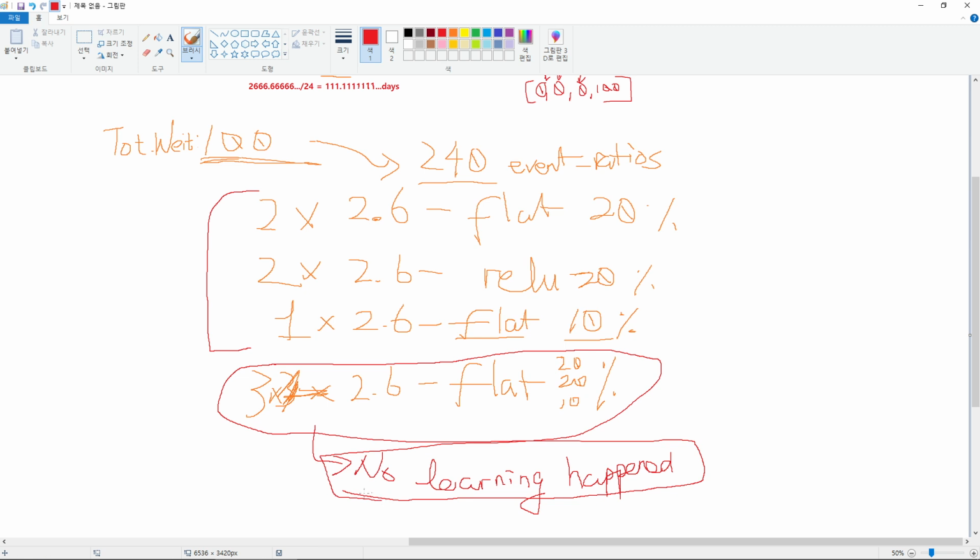No learning ever happened in these 3 iterations. And then I was wondering why the scores were so low, but I made a mistake. So that's that.